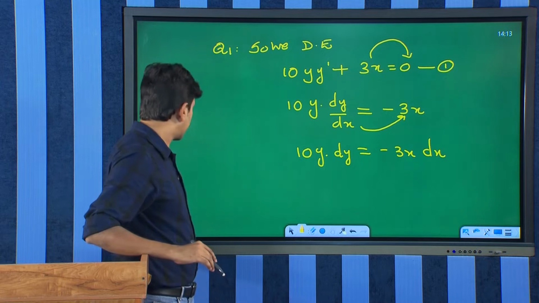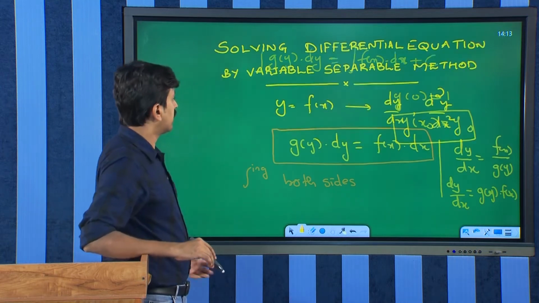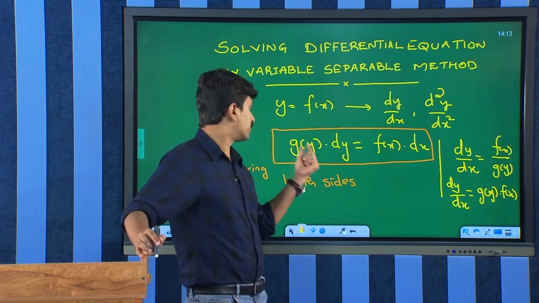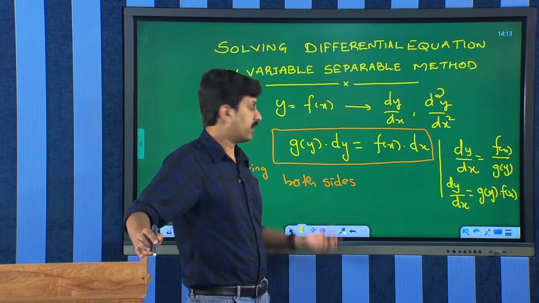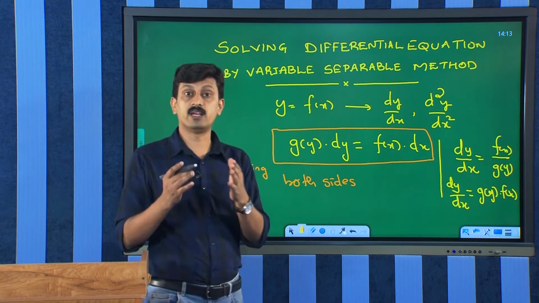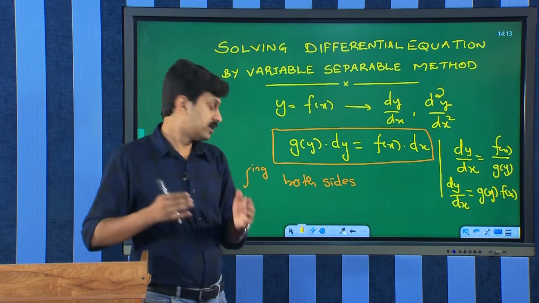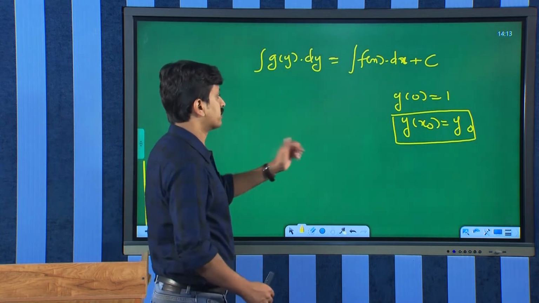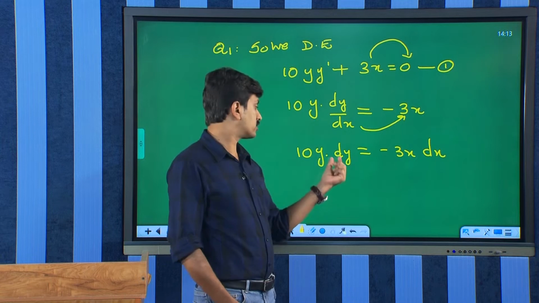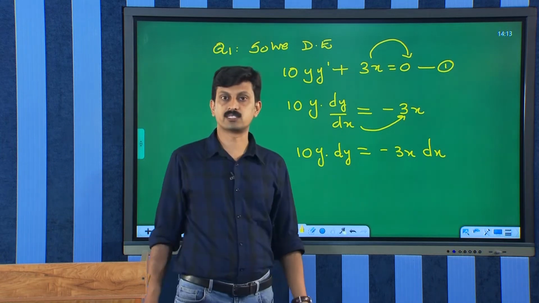As I said before, if we separate variables like this, a function of y into dy is equal to a function of x into dx, then the variables are separated. So we can apply the variable separable method in that case. We separated 10y into dy is equal to minus 3x into dx.